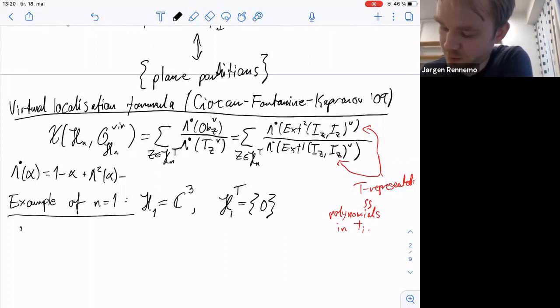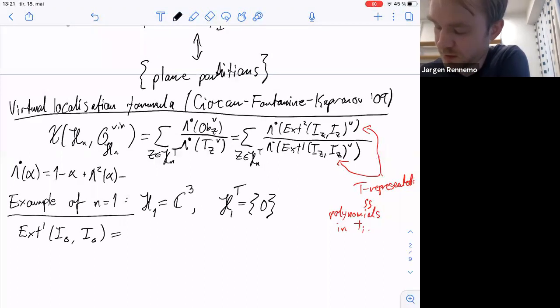And what do these representations look like? The tangent space at the origin is a three-dimensional representation, which, identifying with its character, we can identify with this polynomial here.